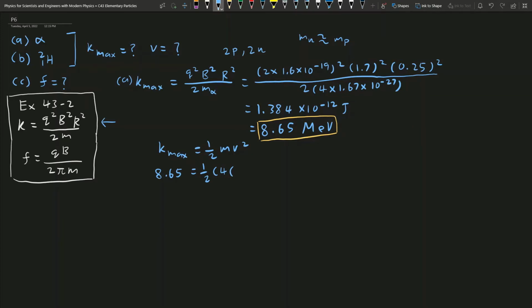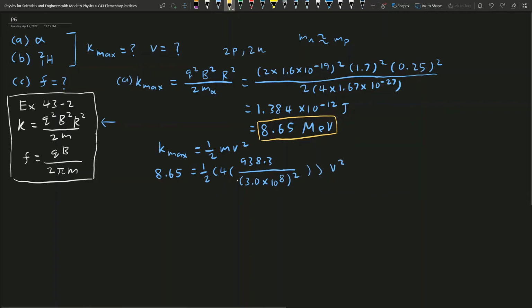Here it is more convenient to use the mass of a proton in MeV per c squared, so this is 938.3 over c squared, where c is 3.0 times 10 to the 8, squared, and we can solve for this v.